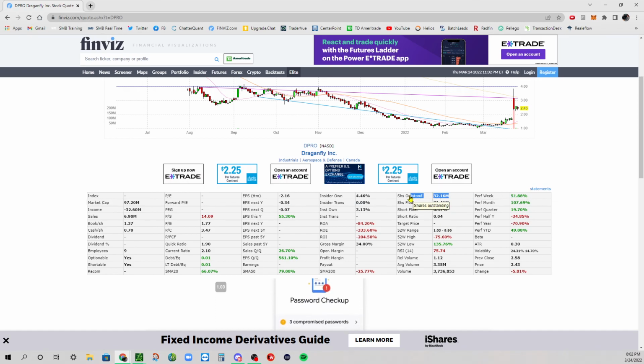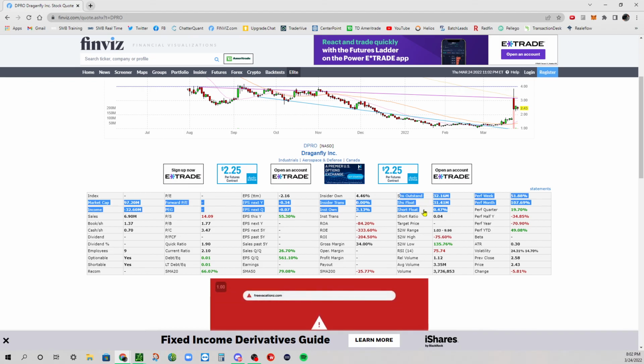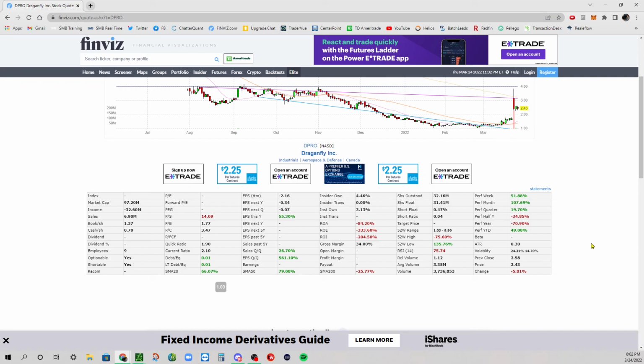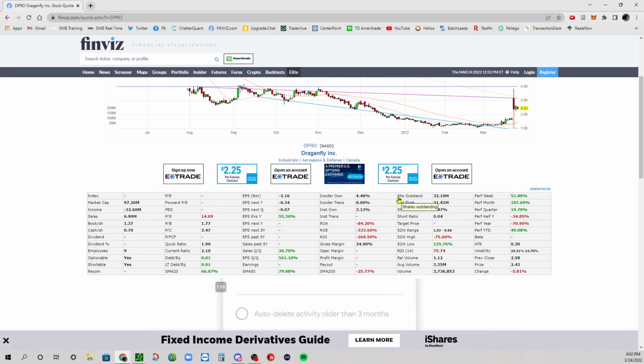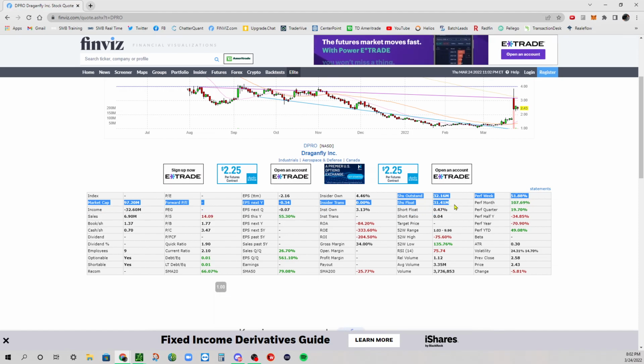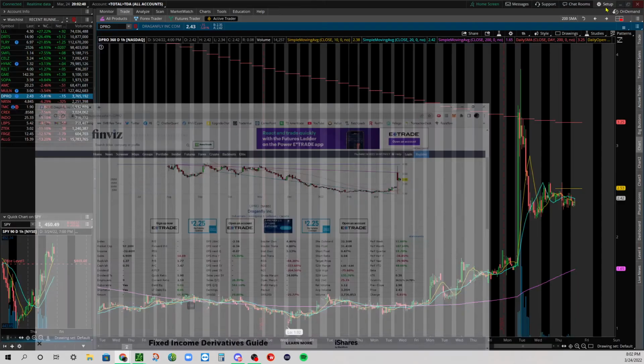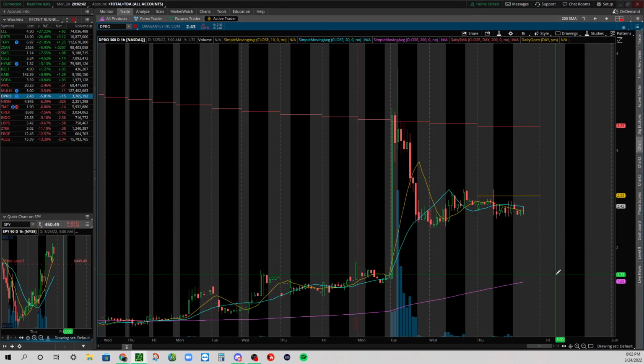The first thing when I'm trading a company is the float. Once I figure that out, I don't care about everything else because this tells me how fast the stock can move, and that's all I care about as a trader. Do I get paid fast or do I get paid slow? Okay. That's how you can find it.